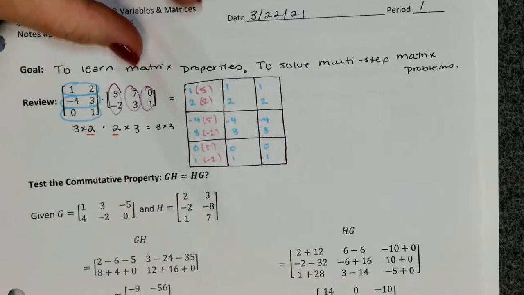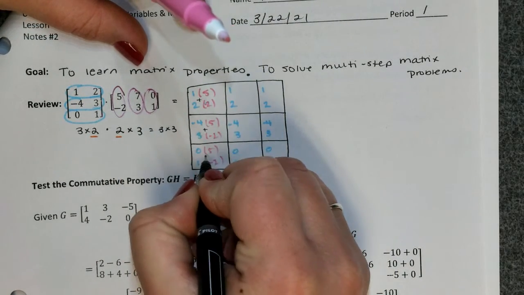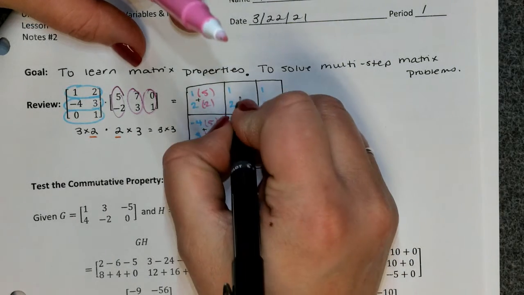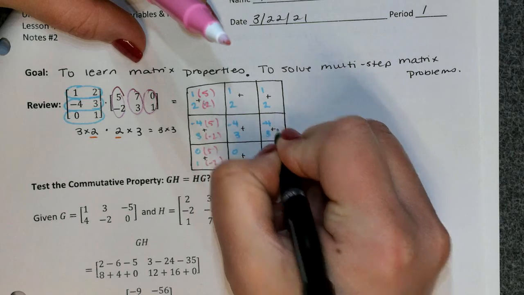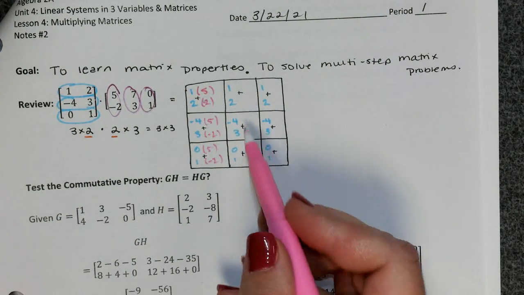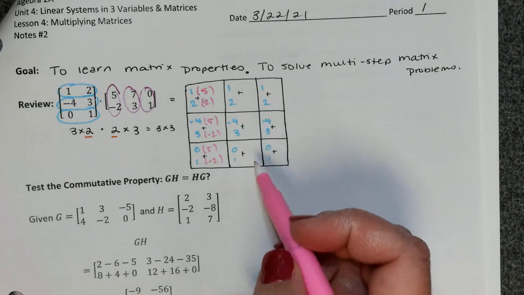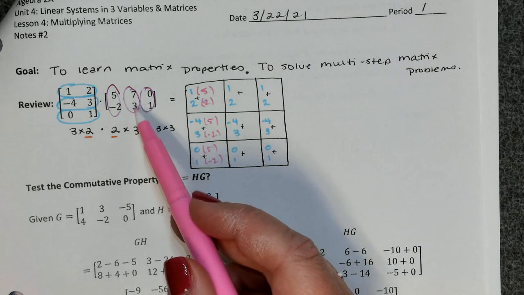And what I'm doing is I'm going to add, once I multiply those and multiply those, I'm going to add these numbers together. So let me put a plus sign in between them. Okay. What are the numbers that are used in that middle column? 7 and 3 are used in the middle column.